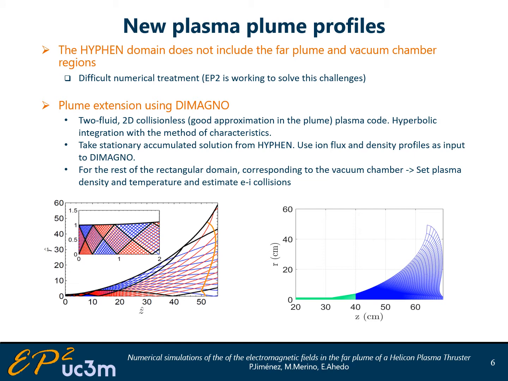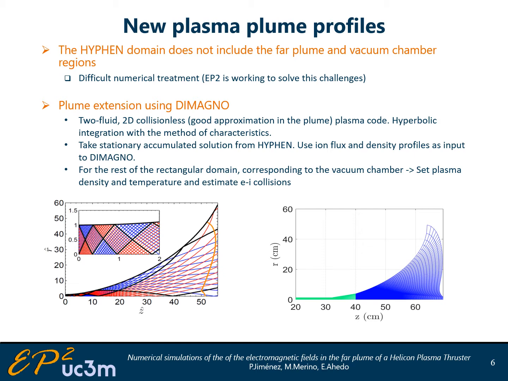Right now we have some numerical problems extending the HYPHEN domain downstream to the far plume, but nevertheless we can use another tool that we have in the team, which is called MAGNO. This is a two-fluid collisionless code that integrates the solution along the characteristic lines.